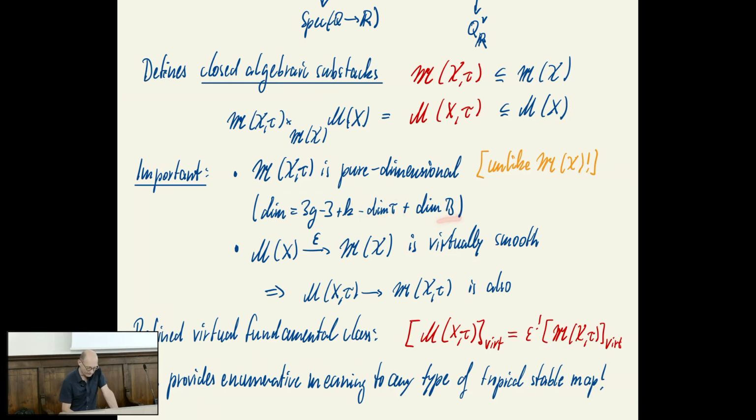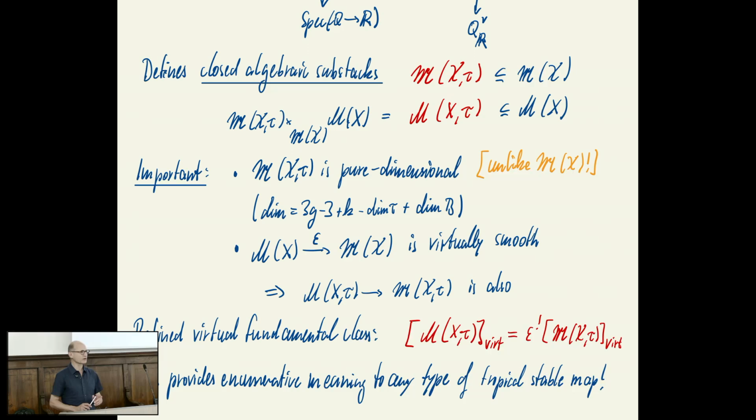B was a base, so if you work over just Spec C, that's 0. But if you work over a log point, then something comes in here. And if you work over a high dimensional base, okay, so we get that this is virtually smooth, and that gives a refined virtual fundamental class. So this provides this enumerative meaning to any type of tropical stable map.